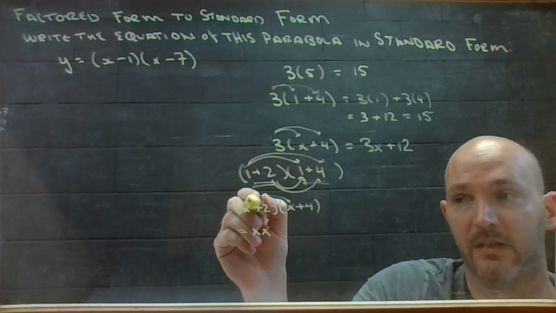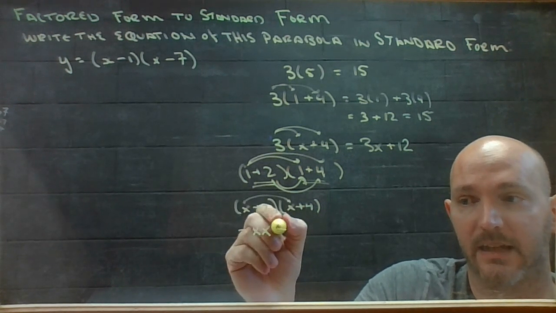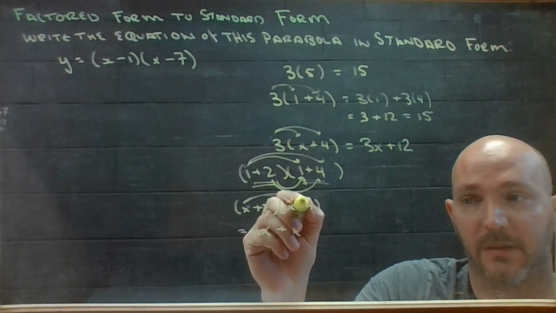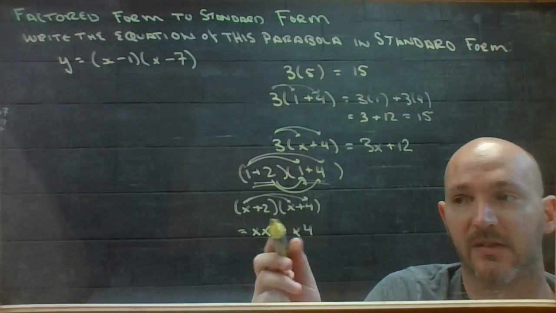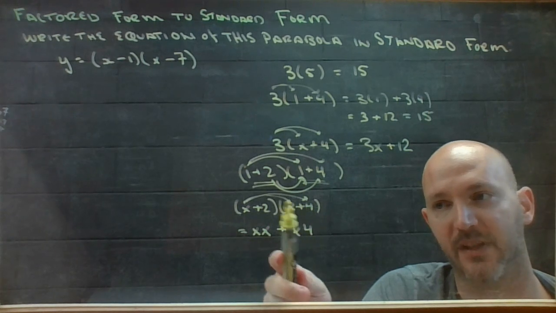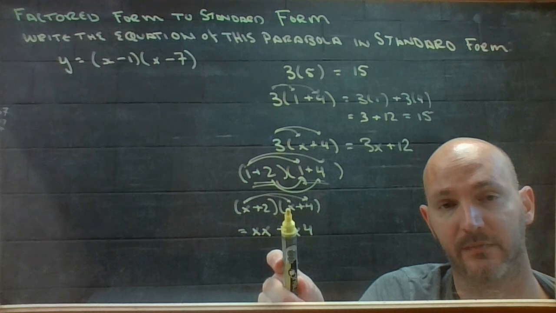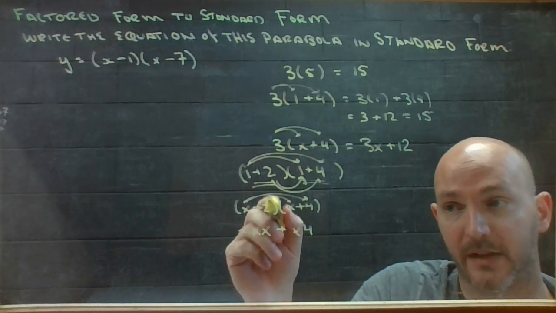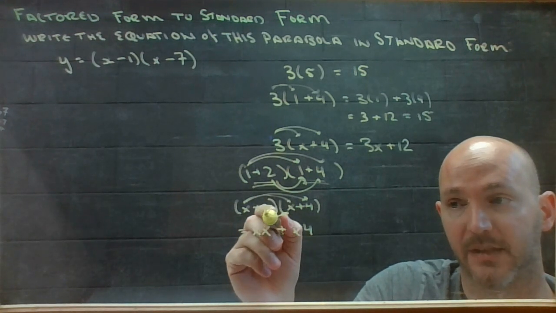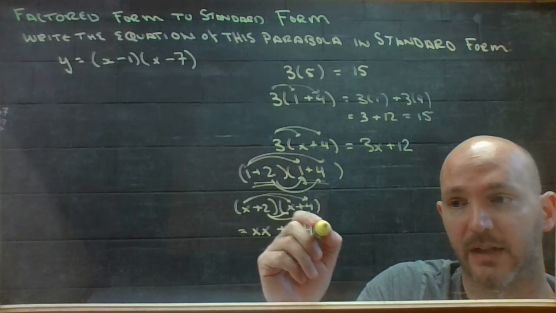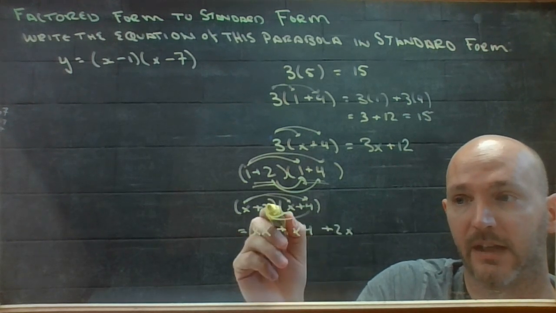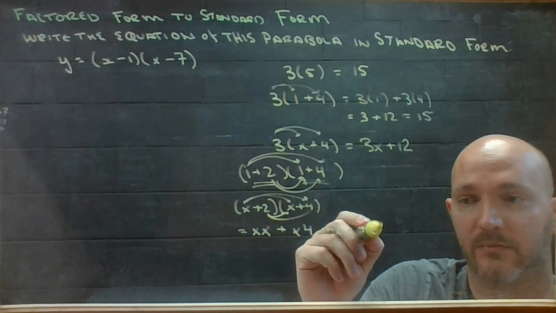Next, take this thing again and put it with something else from that bracket. So those are all the combinations of pairing the X with something from this bracket. Now try getting all the pairings of the 2 with something in this bracket. So I need 2 and an X, and a 2 and a 4.